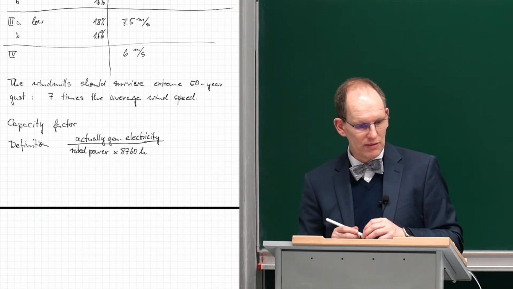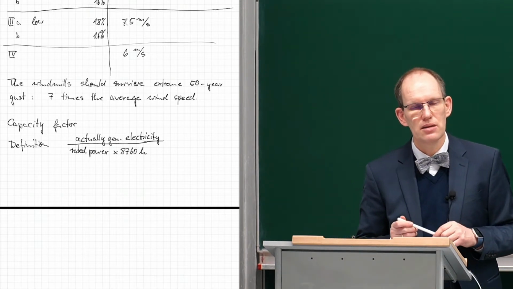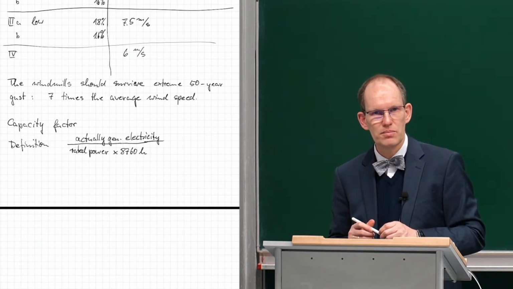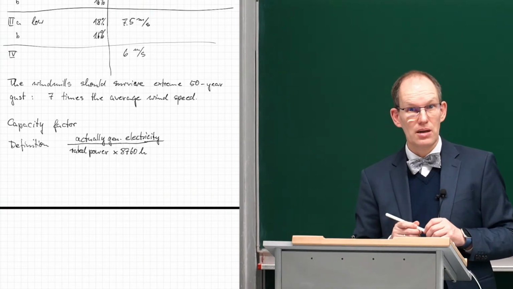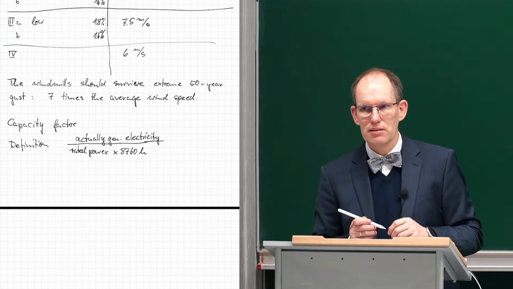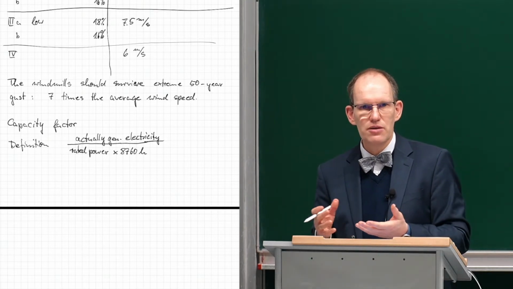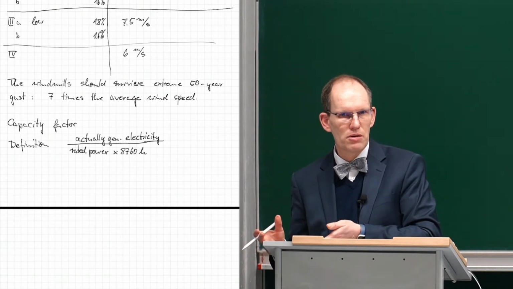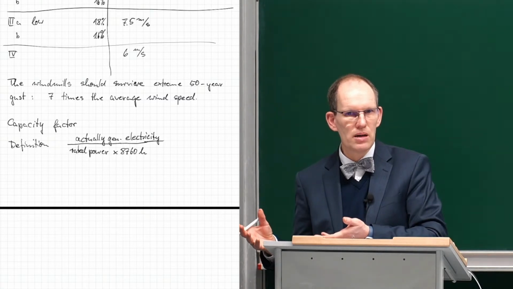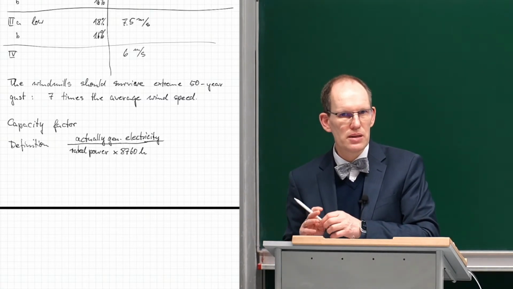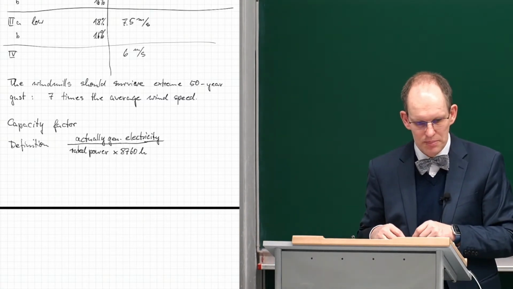It was lower than 17.5%. Yeah, so just below 17.5%. And this gives you an idea that such a windmill is kind of expensive because it operates with full power only less than 20% of the time.